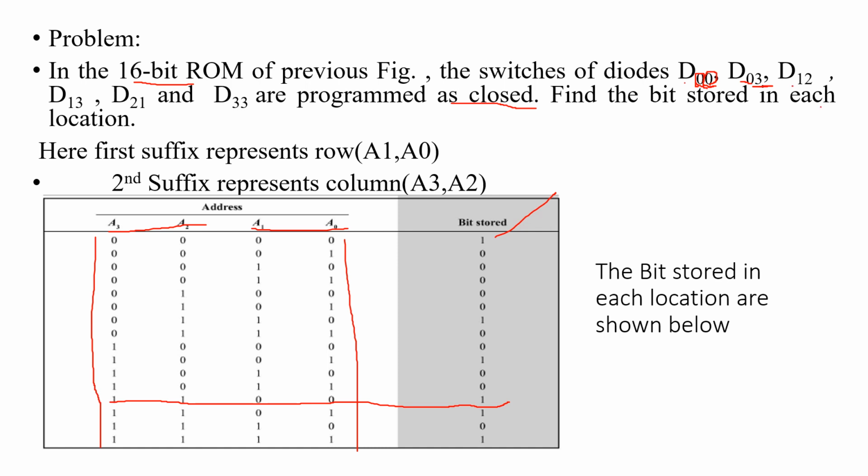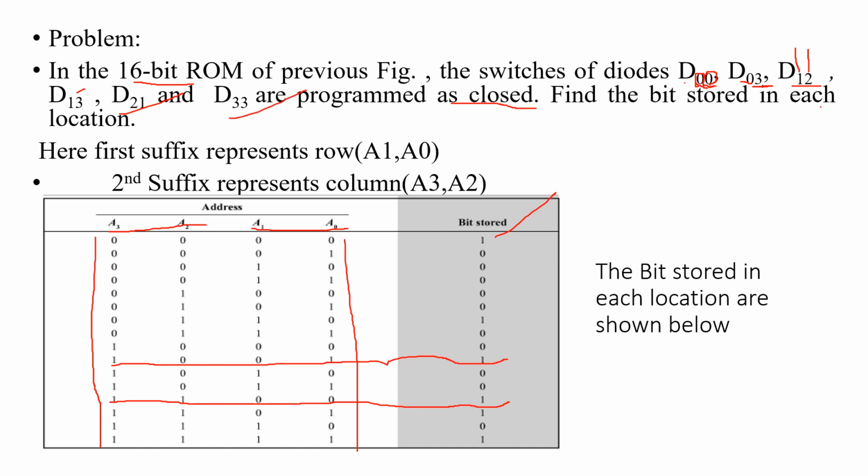Again D12. D12 means here 2 means 1, 0, and 1 is 0, 1. So the combination is 1, 0, 0, 1. For this combination 1 is stored. Similarly D13, D21, D33.